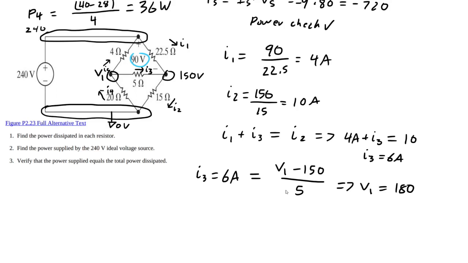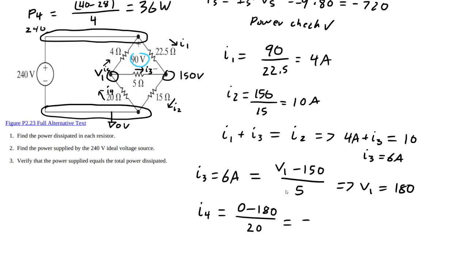So now we can calculate I4. Let's say I4 is 180 volts divided by 20 ohms. Oh, I'm sorry. 0 minus 180 volts divided by 20 ohms.